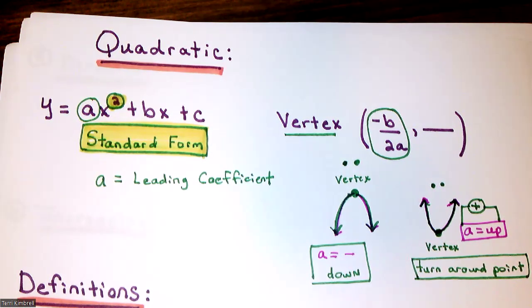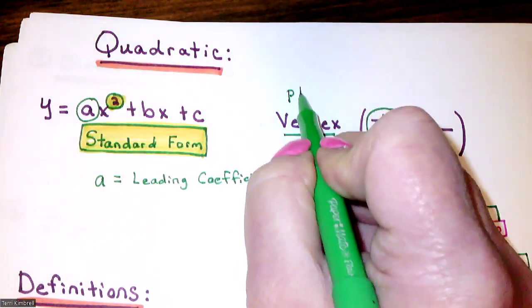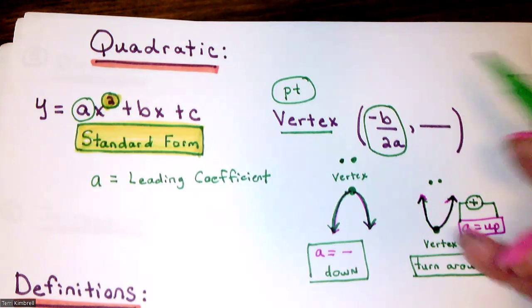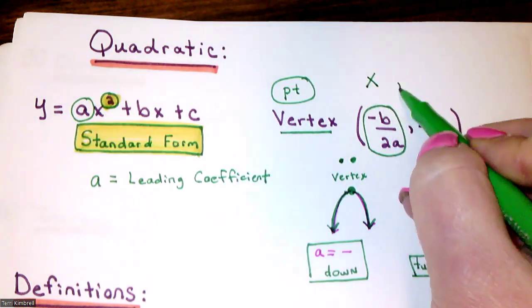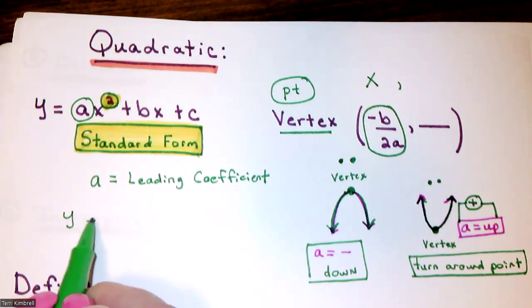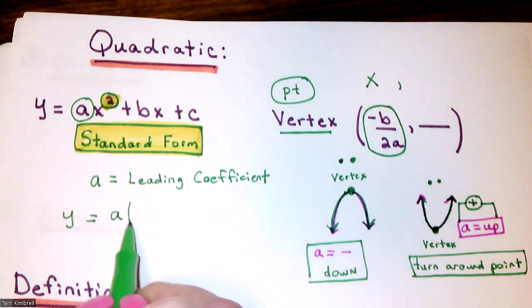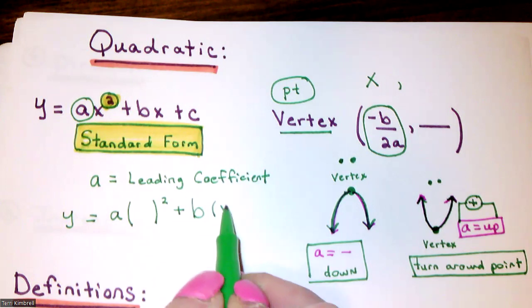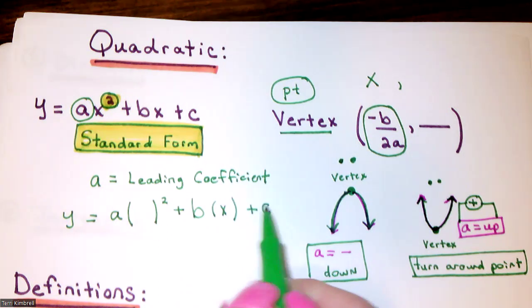Remember, your vertex is a turnaround point. That means this needs to be a point, which signifies it's an ordered pair. In order to get the y coordinate, because that's going to be your x, you have to plug the x into your quadratic. Whatever you get for your x is going to go everywhere in place of your x.